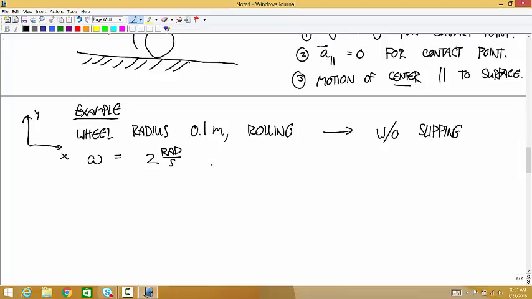So for now, I'm just going to write this as clockwise. And let's say that the angular acceleration is 10 radians per second squared, and let's say it's speeding up. So if it's speeding up, the angular velocity and angular acceleration have to be in the same direction.